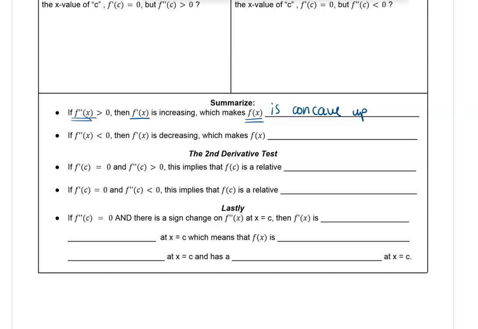And then conversely, if the second derivative is negative, less than 0, that would cause the first derivative, slopes of f, to decrease, which would cause f of x itself to be concaving downward. And so that's the big main connection in 3-4, is this connection between the sign of the second derivative and the concavity of the original function. So then that will lend itself to the second derivative test.